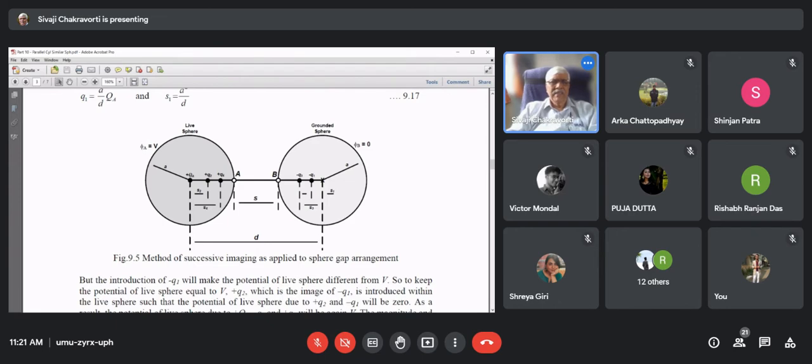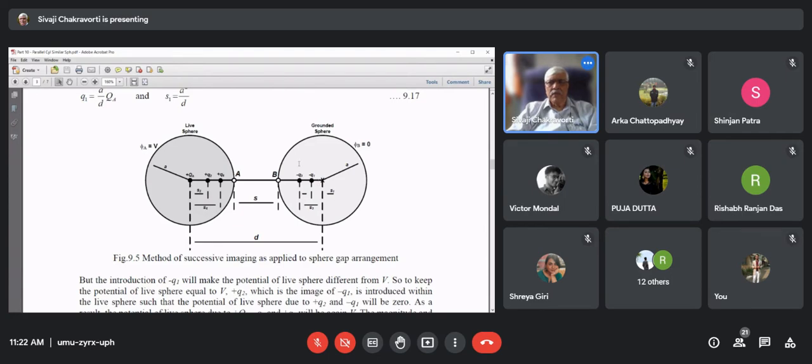So we are assuming plus QA be the charge at the center of the live sphere when we are considering the live sphere as an isolated sphere. So that plus QA will definitely generate a spherical surface of radius A.